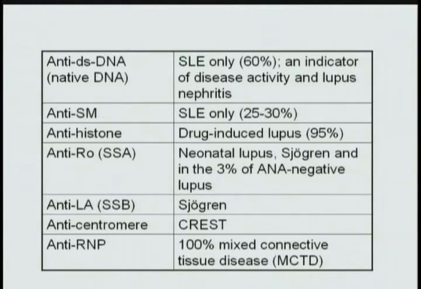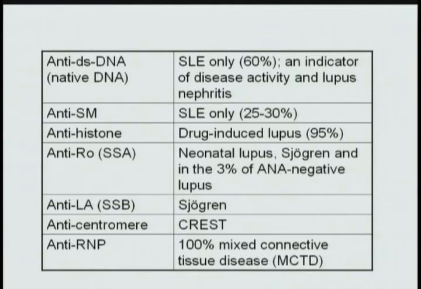We only see the anti-Smith antibody in about 30% of the cases with lupus, so 70% don't have it. But when it's positive, it is very specific for this disease. So if I don't see it, it doesn't mean that this patient doesn't have lupus, but when I see it, 99% of the time, this patient has lupus.